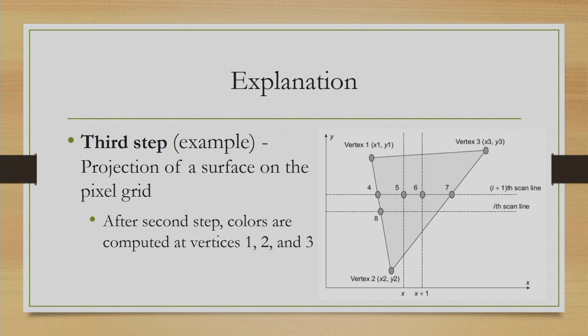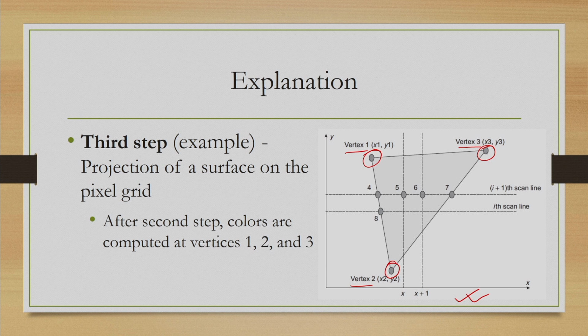Let us try to understand this with one example. In this figure, we have shown a projected surface defined by three vertices: vertex 1, vertex 3, vertex 2. If we apply Gouraud shading, after the second step, we have already computed the colors of these three vertices by using the simple lighting model as well as the average unit normal vector at these vertex locations.